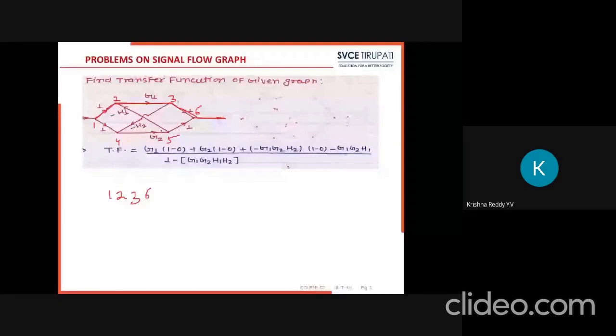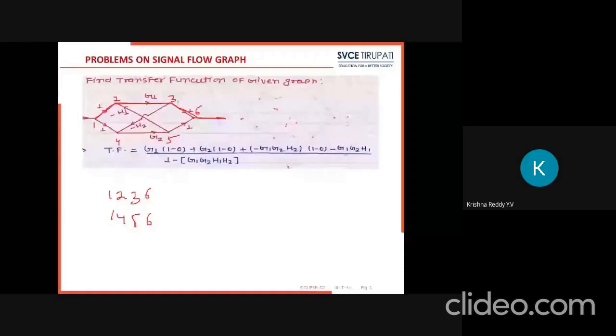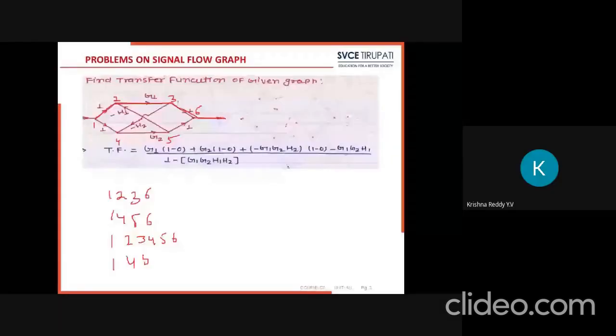We are moving 1, 2, 3, 4, 5, 6. It is one more forward path. Next, 1, 4, 3, 5, 6. Totally we have 4 forward paths.